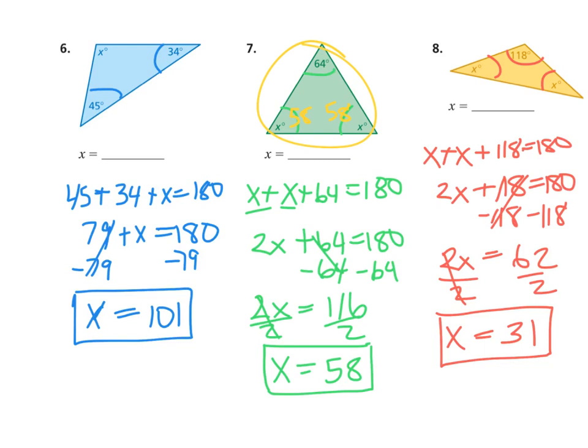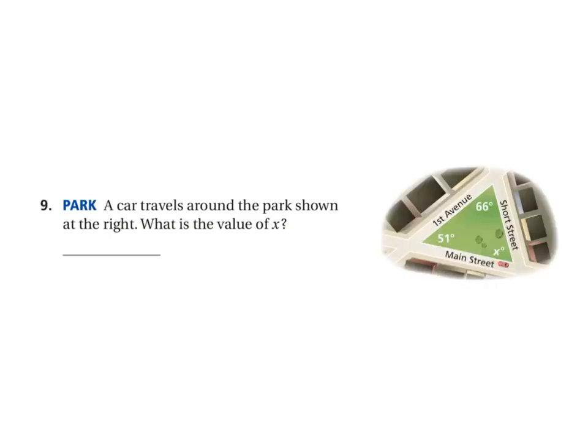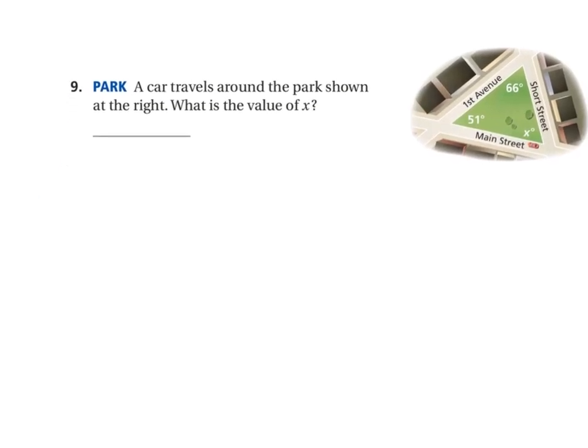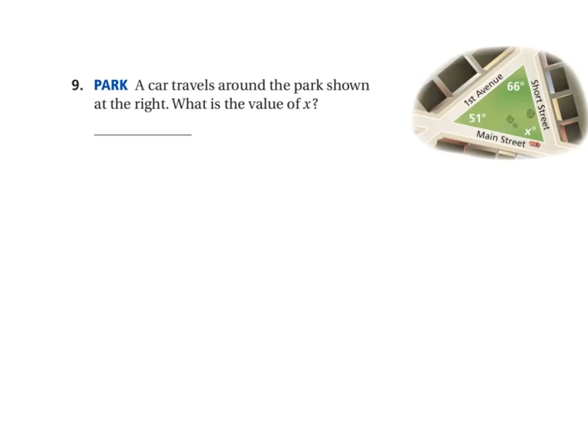All right, I have one more example. All right, so here's what a real life problem could look like. So you're looking at an aerial view of downtown, a park, and you can see this park forms a triangle. And they've given you this angle, and they want you to find the last angle.